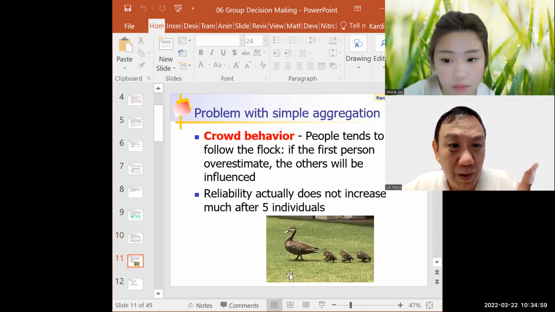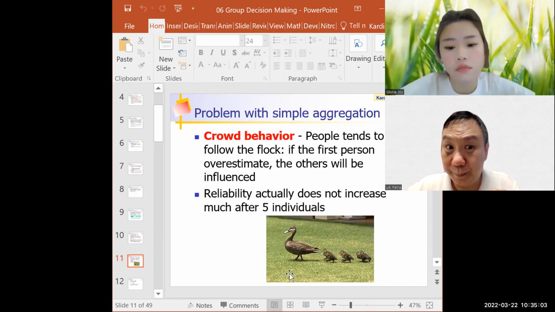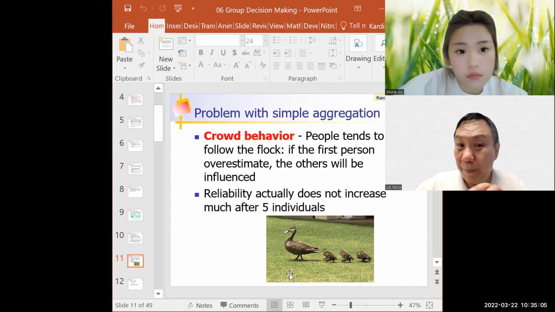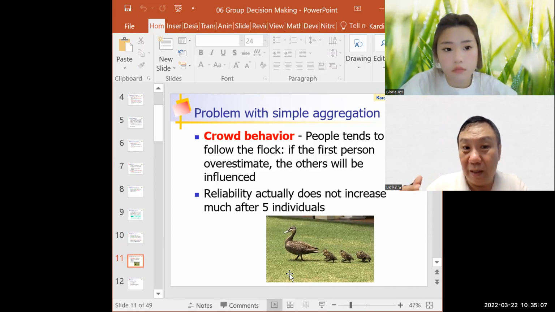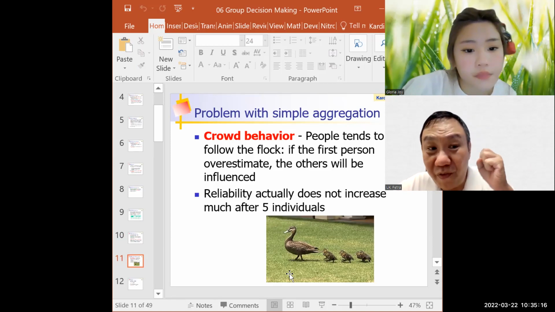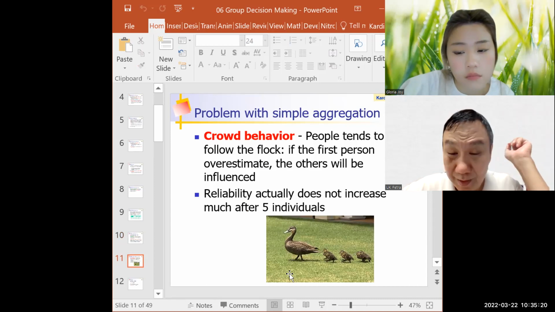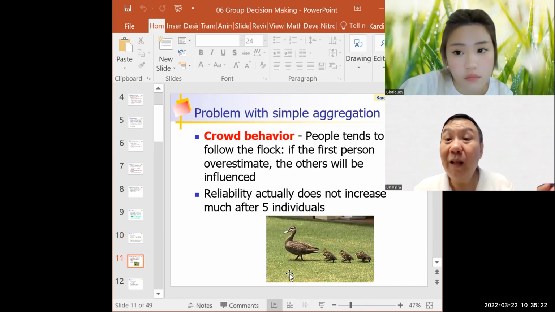The problem with equal voting is crowd behavior. People tend to follow the flock, like a duckling following the mother duck. If the first person overestimates and announces first, the others will be influenced.